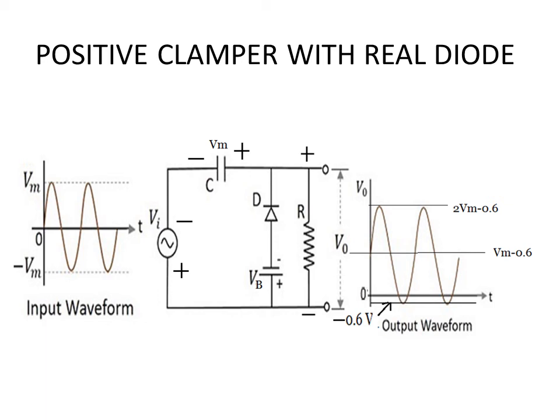But what we have is the input source is not there. So when you measure at the output, the CRO will be connected across the load resistance R, and the polarity of the CRO will be like this: top will be positive and bottom will be negative. But what is it going to measure? It will measure the voltage across the diode, which is actually the potential barrier. But how is that potential barrier?